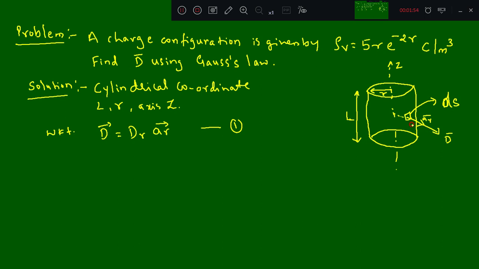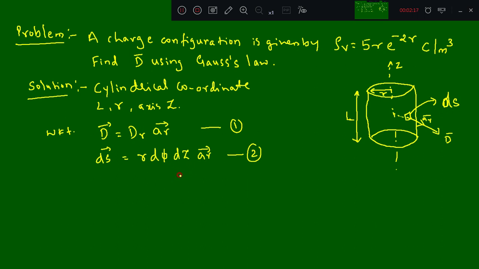So the dS vector, it will be in the direction a_r, that is r d phi dz in the direction a_r. This is equation number 2.